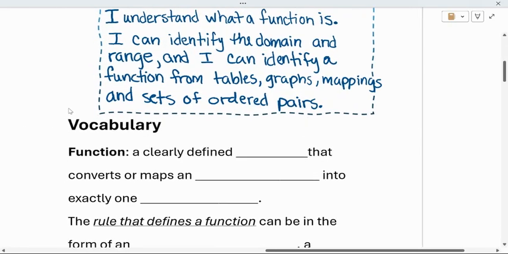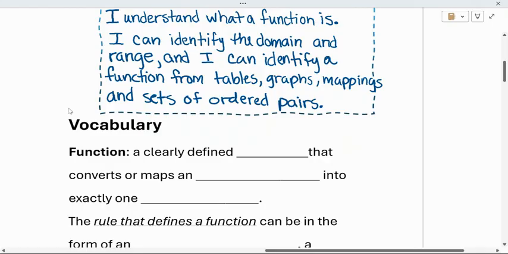So we have some vocabulary. The first vocabulary term that we're going to talk about is a function.